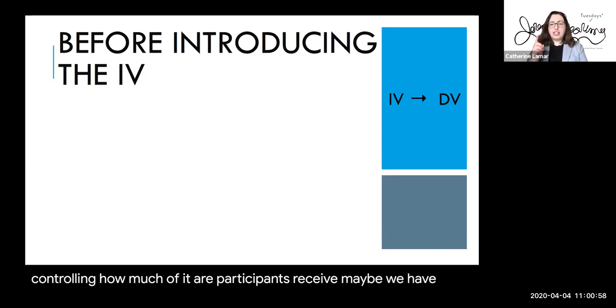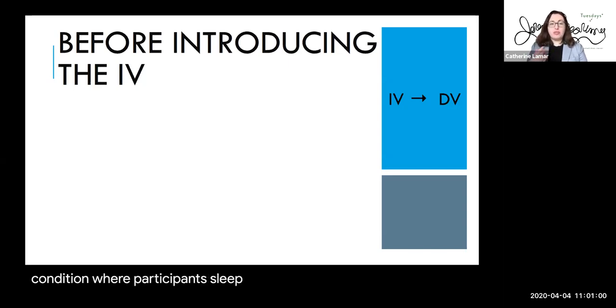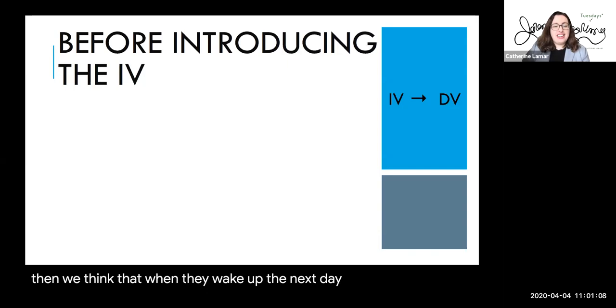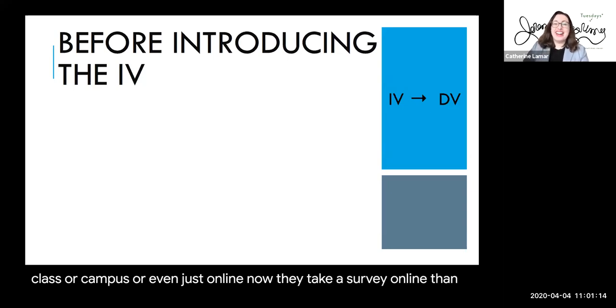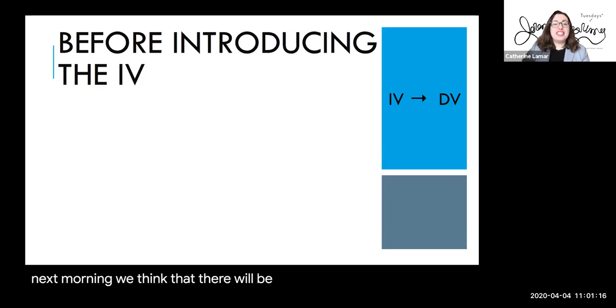Maybe we have one condition where participants sleep for 4 hours a night, and another condition where participants sleep for 8 hours a night. And then we think that when they wake up the next day and show up to class or campus, or even just take a survey online the next morning, there will be differences in happiness between those who slept 4 hours and those who slept 8.